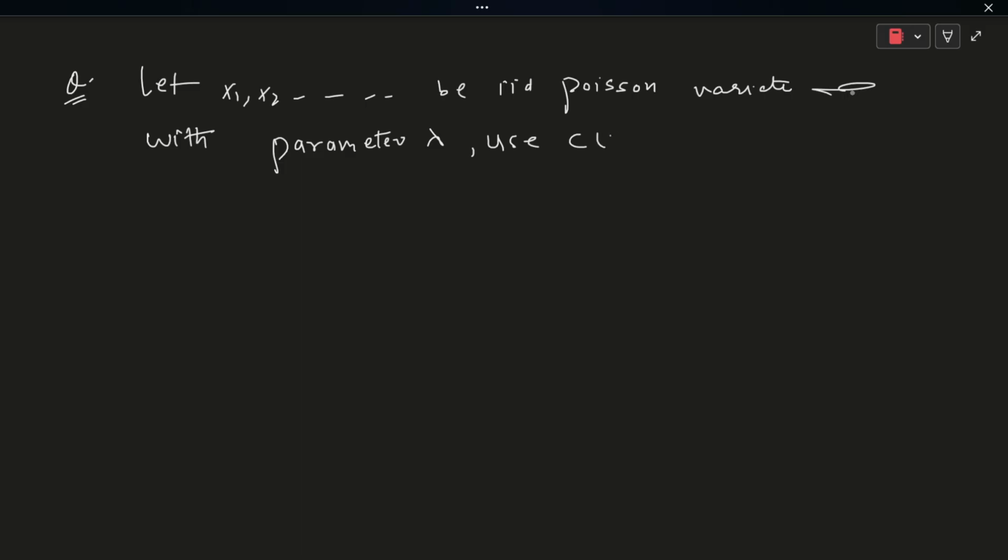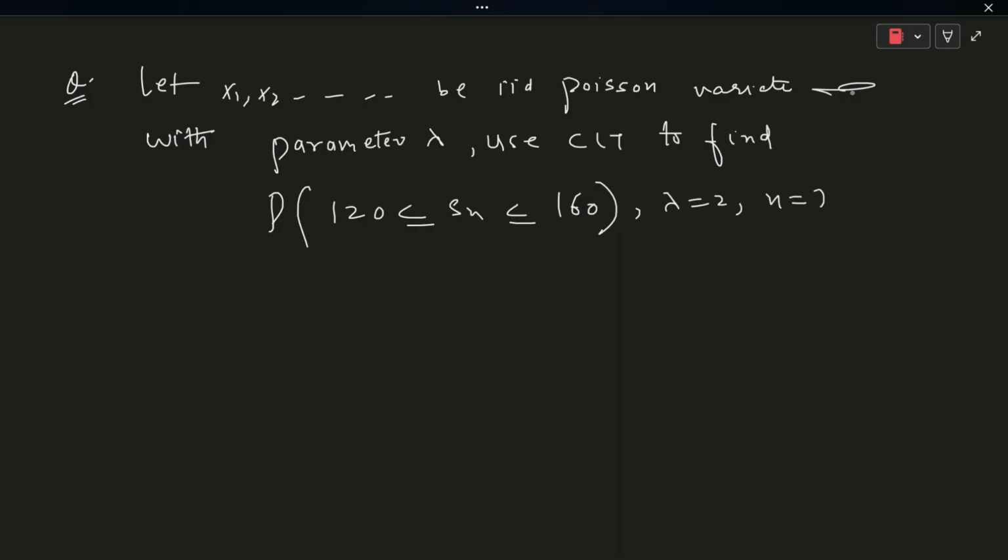Use CLT to find the probability that Sn is between, where lambda is equal to 2 and n is equal to 75.